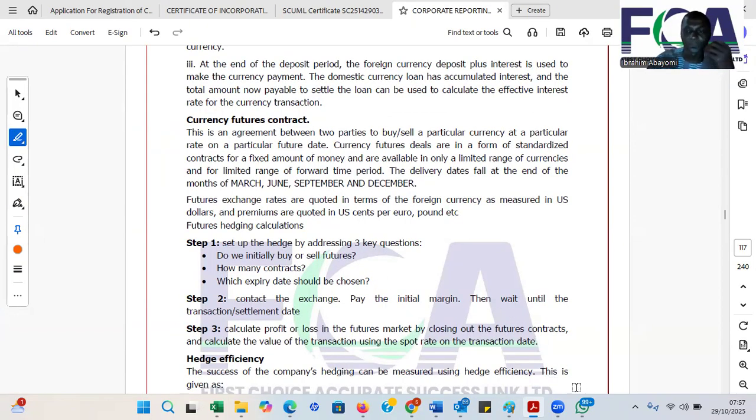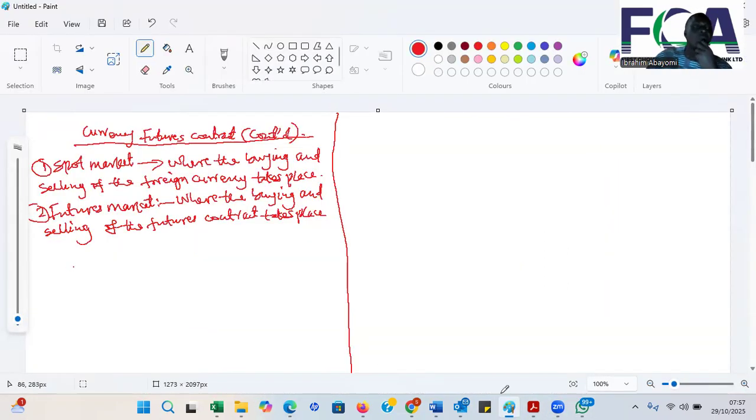Now, since you are dealing with the spot market, there is what is called the spot rate, which all of us now know by now. We have the spot rate.